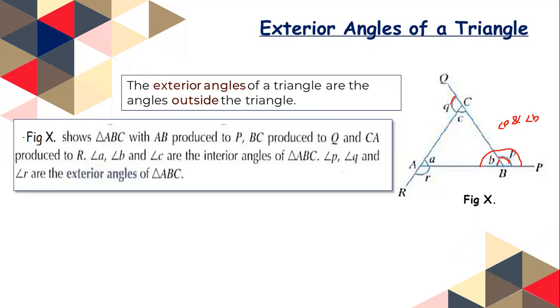Similarly, angle Q and angle C are also adjacent angles lying on a straight line, and angle A and angle R both are adjacent angles lying on a straight line. So this should be clear to you up to here.